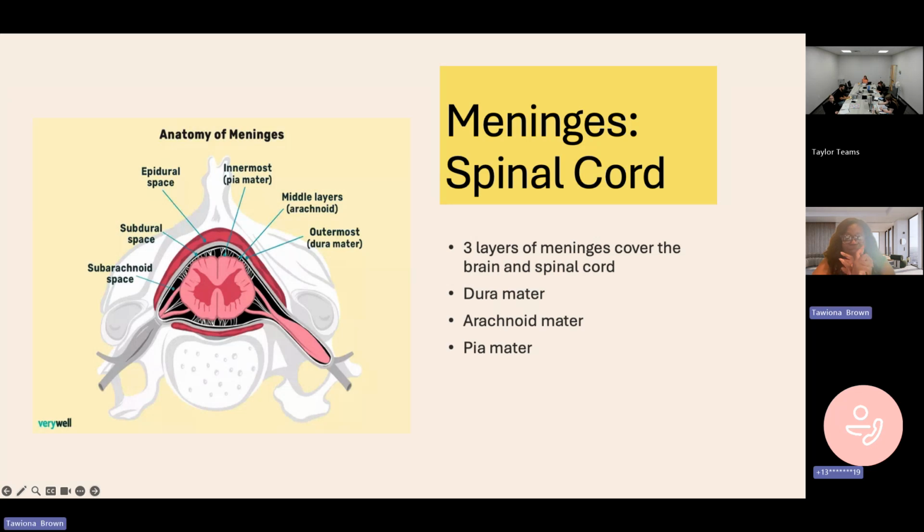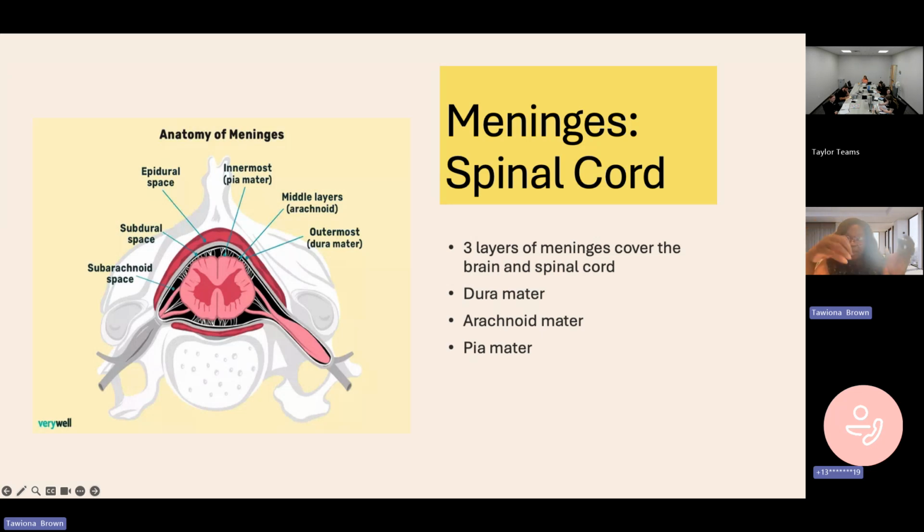When you think about the layers, dura really means durable, right? That's the layer directly beneath the skull. They call it the toughest outermost layer, and it serves as a nice protective layer for brain tissue. Then you have your arachnoid mater, characterized by nice delicate tissue, and it has what we call trabeculae and granulations.